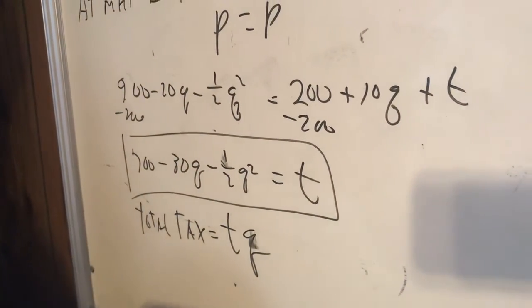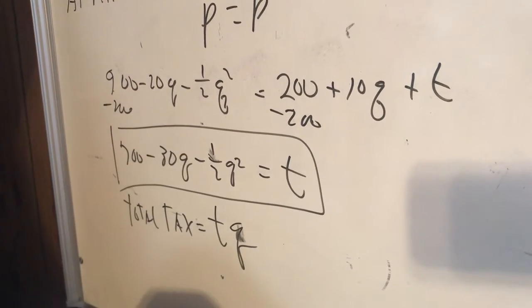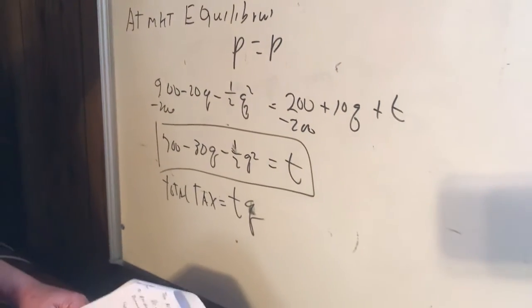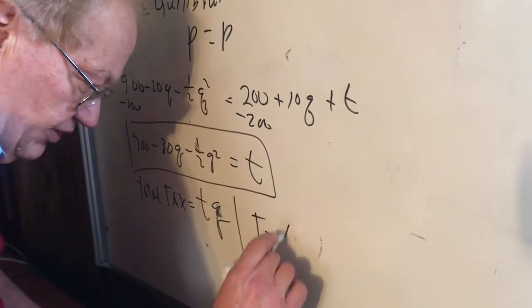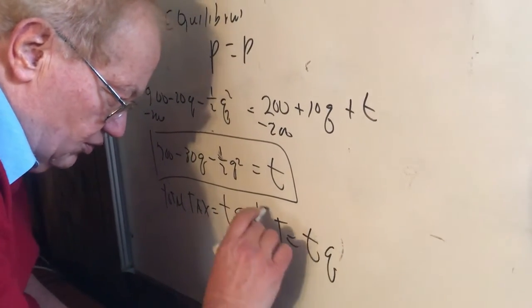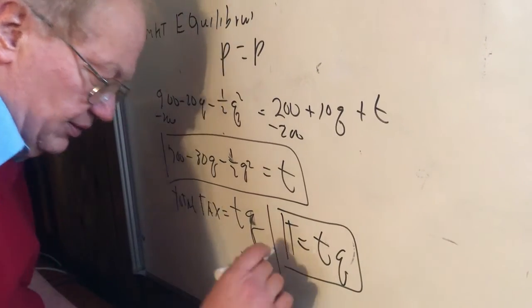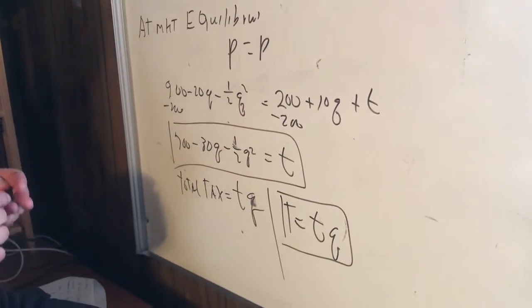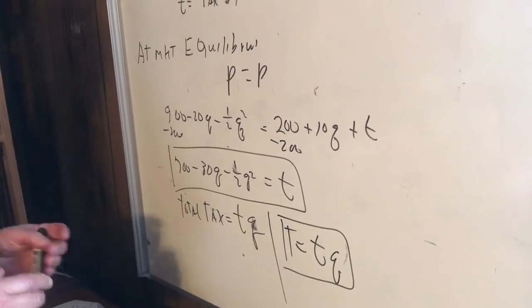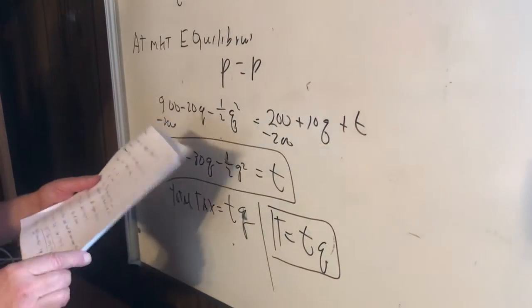So that's the total tax dollars to the producer. We're going to call it T equals little t Q, much like we did when we did revenue: tax per unit times the number of units. So let's go on now.